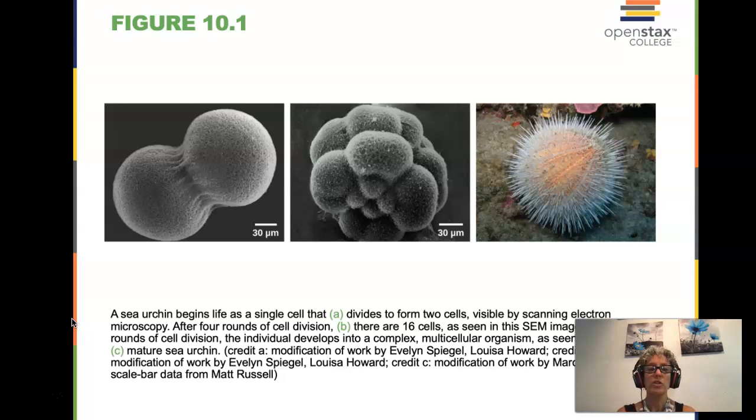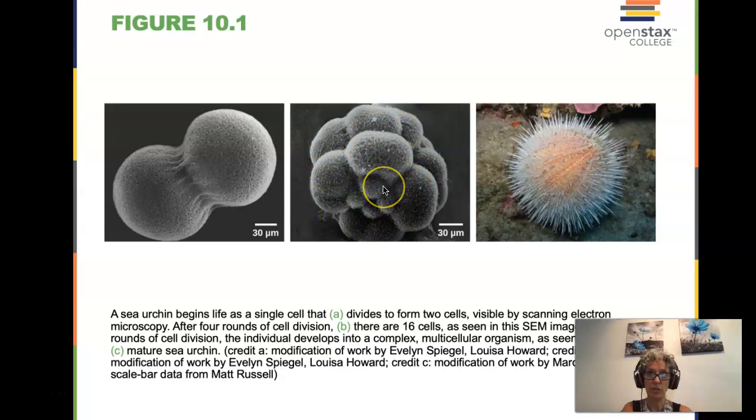These images show mitosis in early development of a sea urchin. We had a fertilized egg that splits into the first division where we get 2 cells. We continue, and now we see that the cells are no longer all the same size.